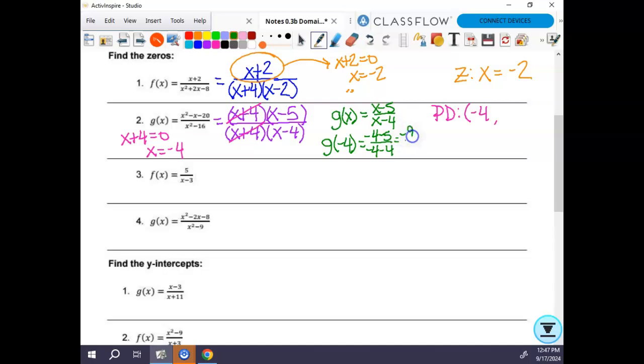It's negative 9 over negative 8. So that's 9/8. Okay? So that's the hole, because I don't want you to think you ever get to actually ignore it. Then to answer the real question that's being asked here, the zeros come from the reduced numerator, and so I just get x equals 5.